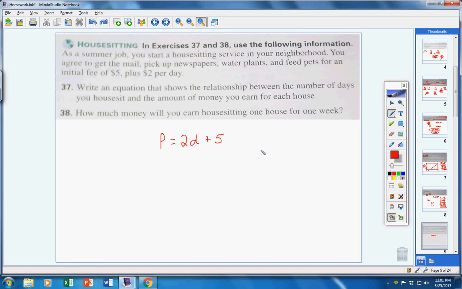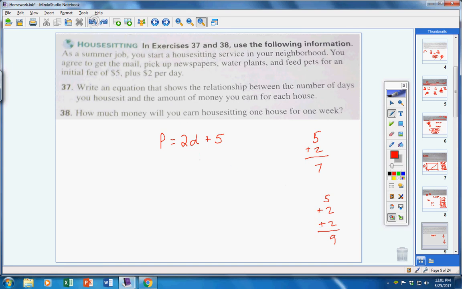For example, if I was going to house sit for someone for 1 day, I would charge them $5 plus $2 is $7. If I was going to house sit for someone for 2 days, I would charge them $5 plus 2, which is 9. Okay? And that's what this does for you. Put a 1 in and you get $7. Put a 2 in and you get $9.